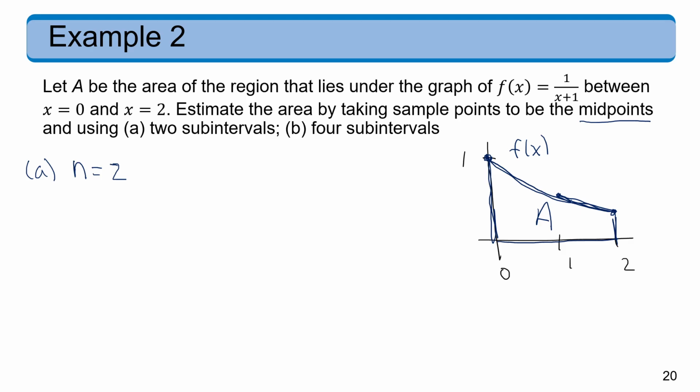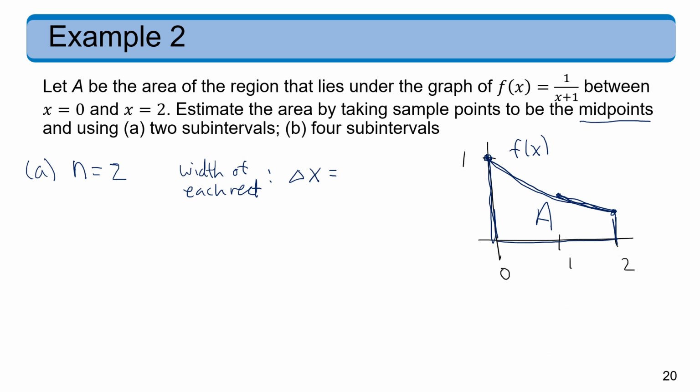Now we know we're going to need delta x, which is the width of each rectangle. And it's pretty obvious from the picture. If we divide the interval from 0 to 2 into 2 equal parts, each one will have width 1, right? But it's not always so obvious, so let's think about the formula.